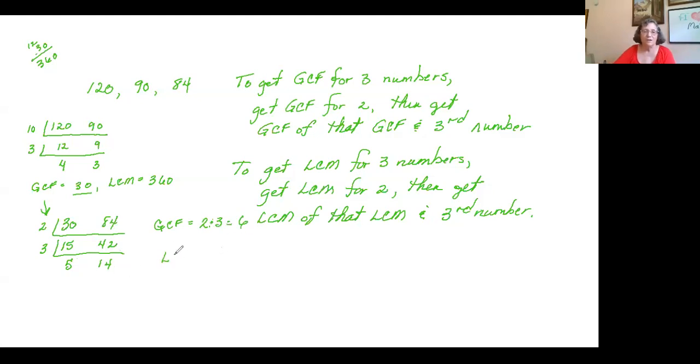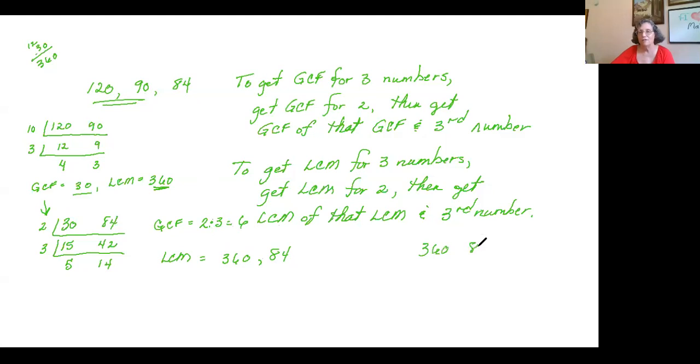But to get the least common multiple for all 3, I need the least common multiple of the first 2, which is 360, and then use the 84. Didn't leave room to divide those, so let me come over here.